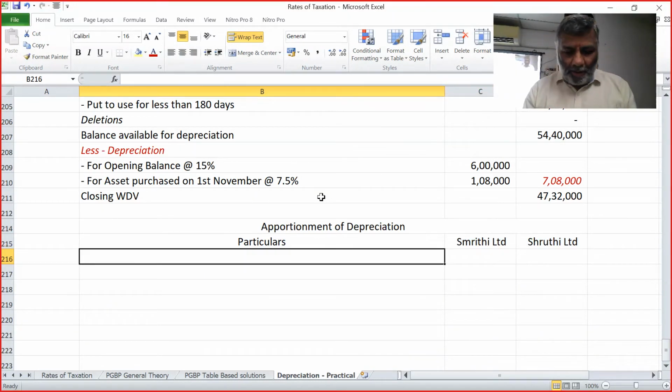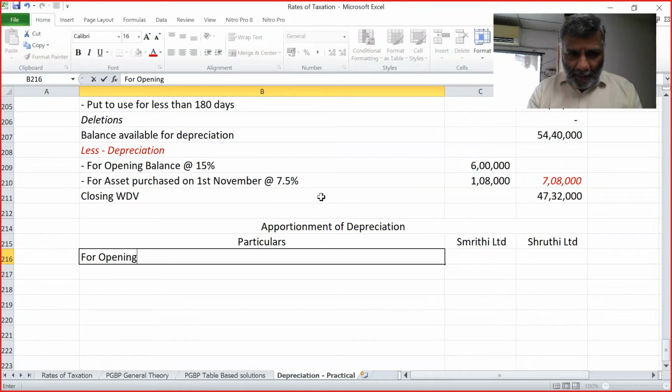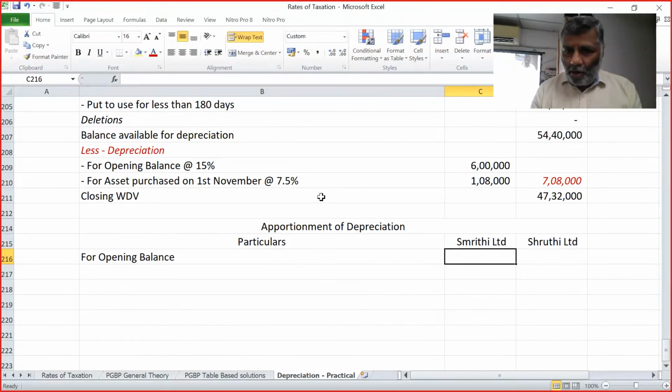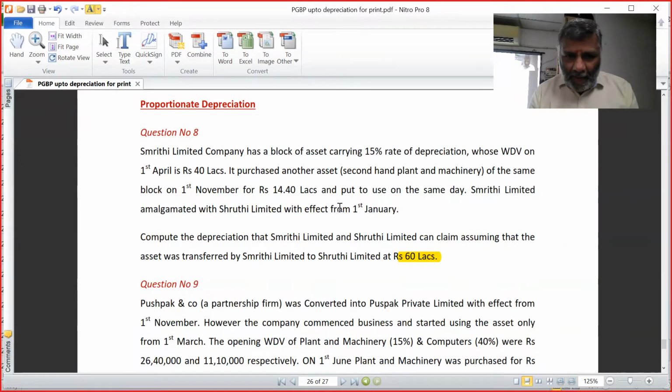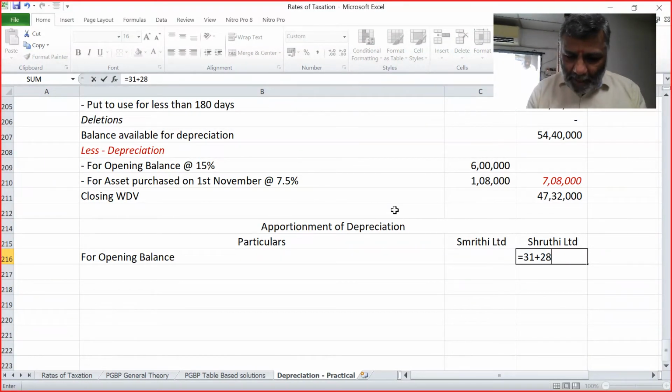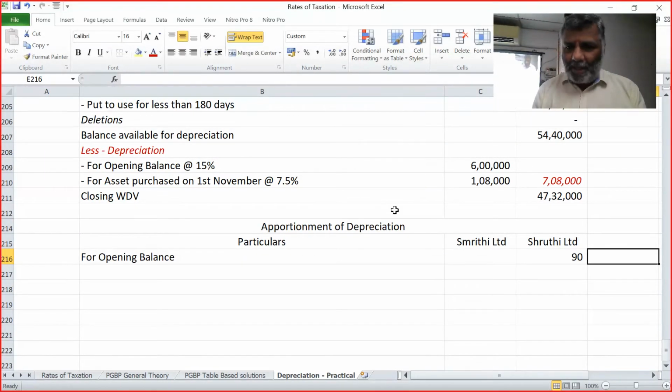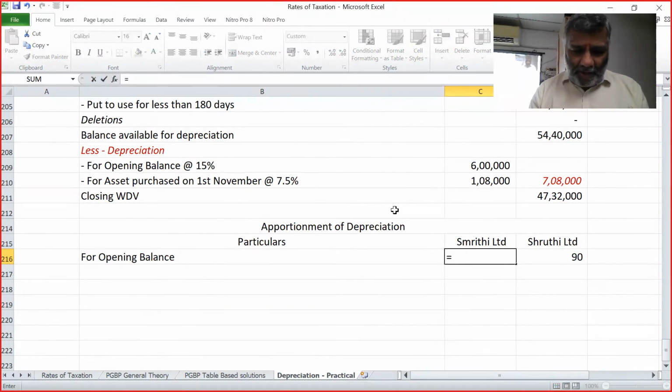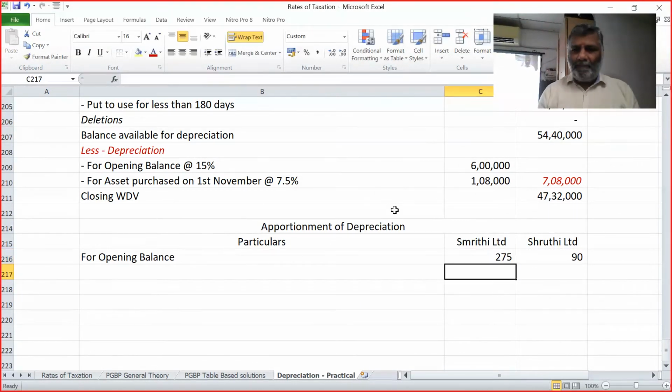Remember, for opening balance, look at this. The entire thing has happened on 1st January. Smriti Limited amalgamated with Shruti Limited on that date. So, for Shruti Limited it will be January 31 days, Feb 28 days, March 31 days, that is 90, and Smriti Limited will be 365 minus 90.